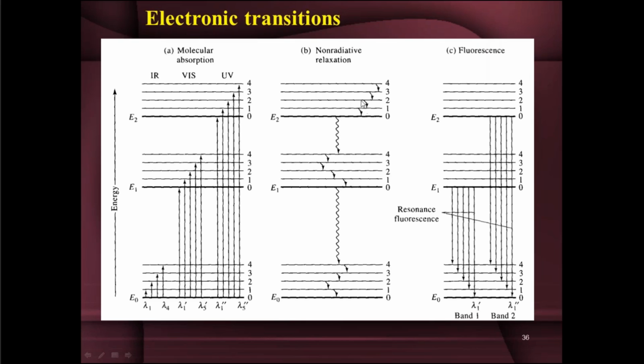It may also involve vibrational relaxations. That means small losses of energy as the molecule reaches the lowest vibrational level of an excited state, because it is only from this that emission can take place, or radiation can be emitted.